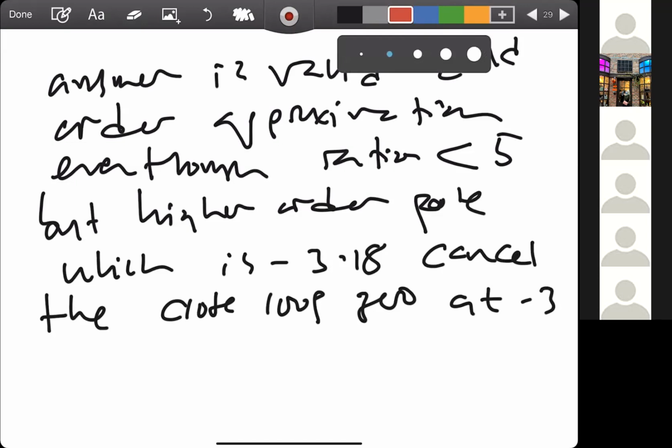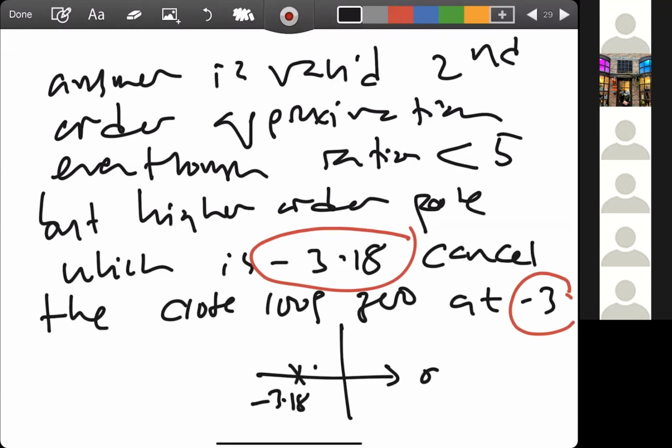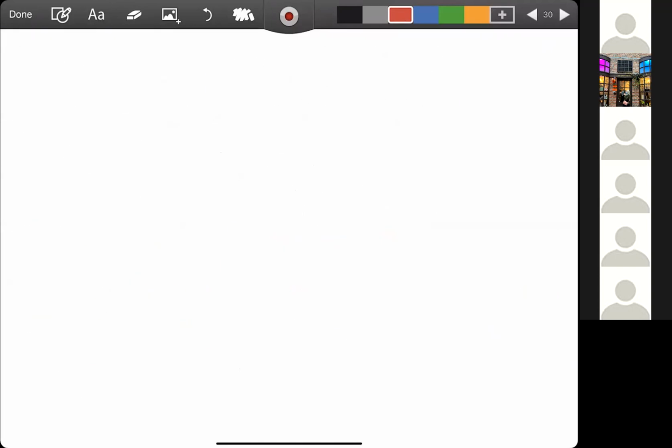So you have a pole at minus 3.18, which cancels the zero at minus 3. They are near together. So when cancelled out, the behavior is like a second order system. That's why the second order approximation is valid.